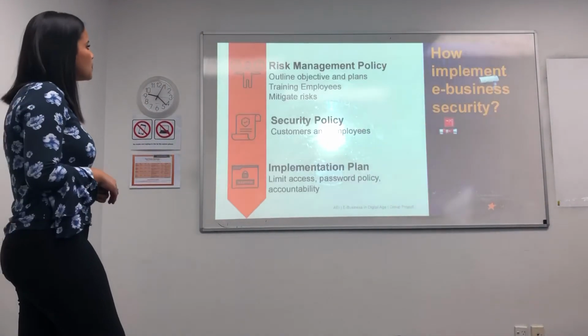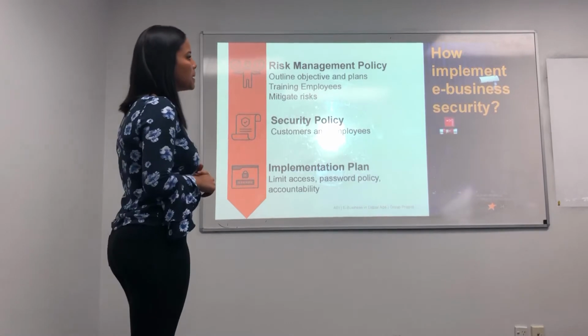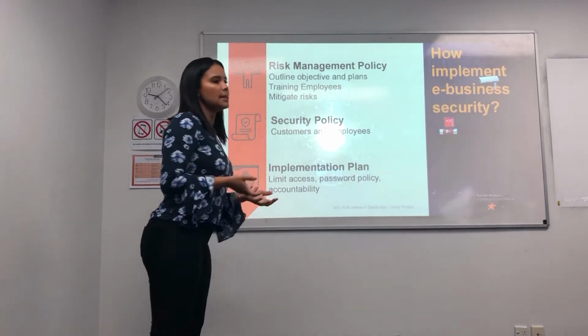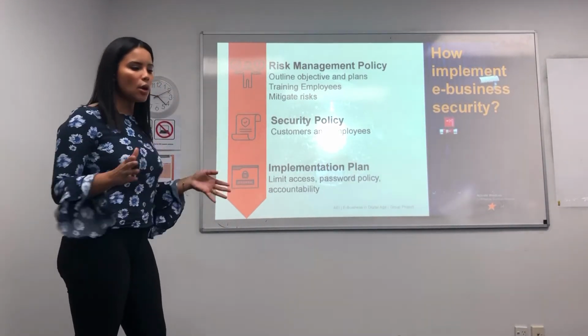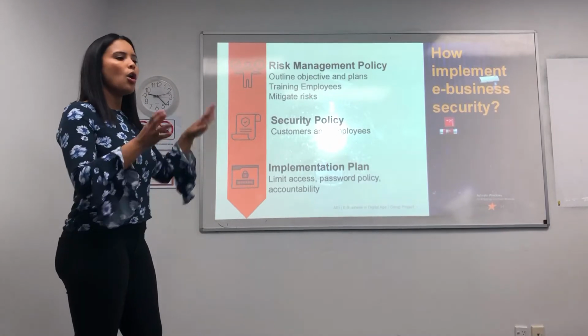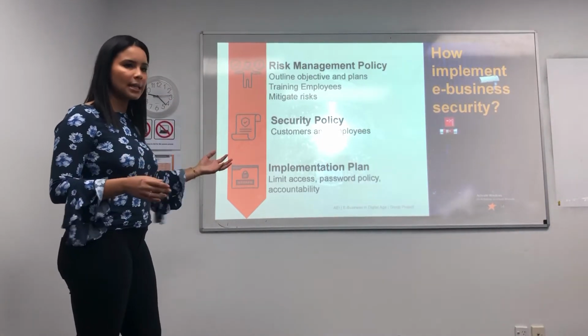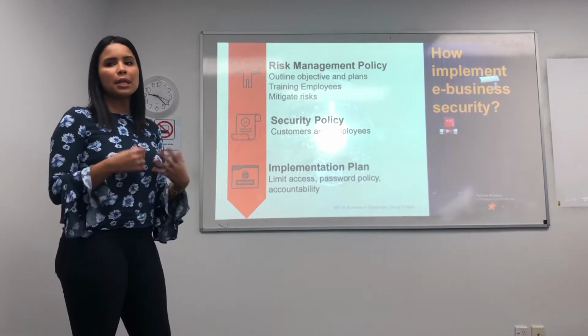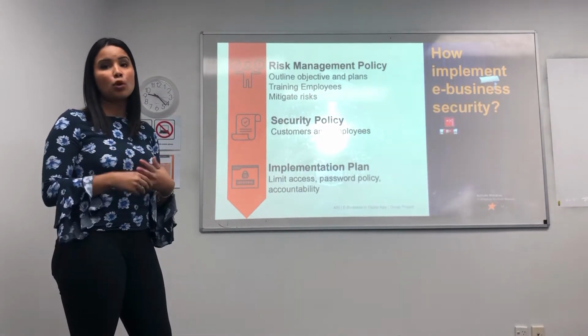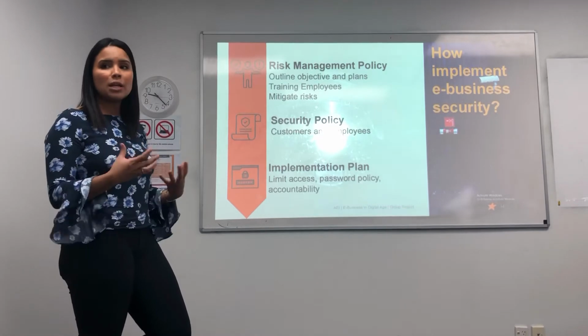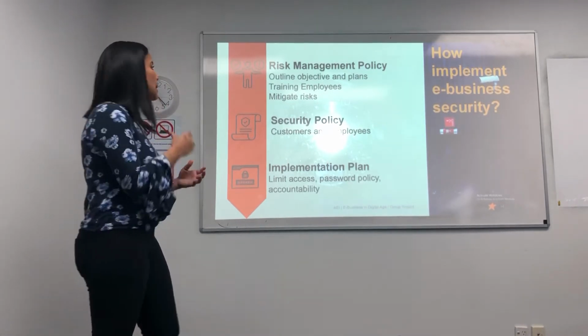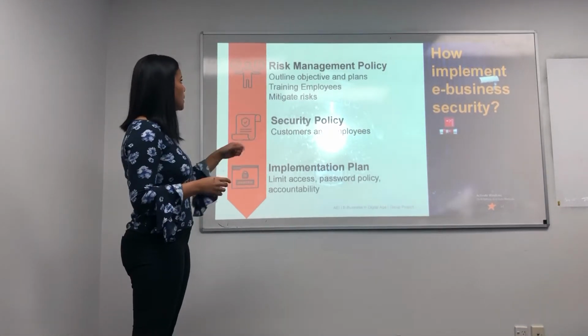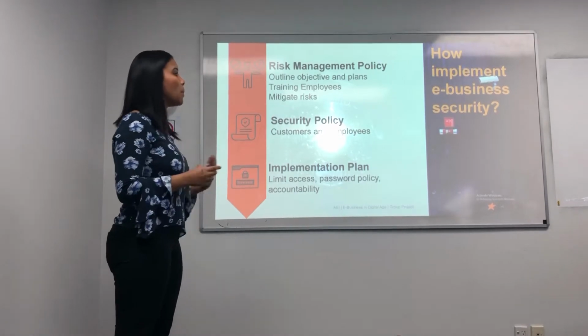Next, how to implement business security? In the case of Jetstar or any other business, they have to address all these issues and challenges and make sure they have all the tools, all the security information and a good team to manage them. The first step is the risk management policy.